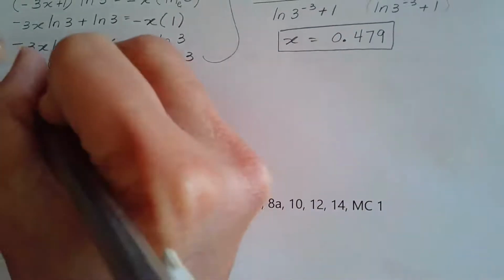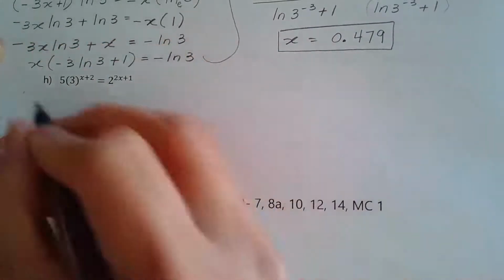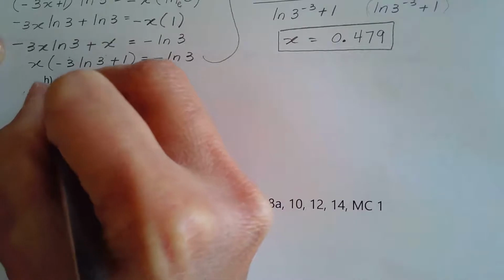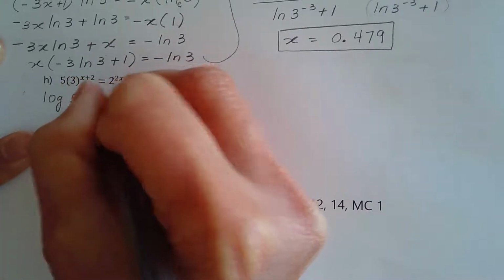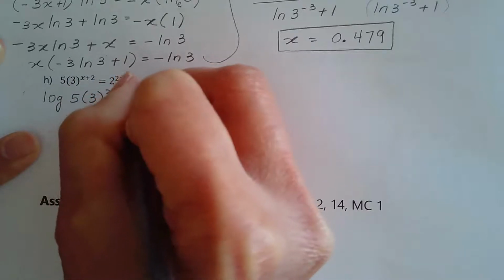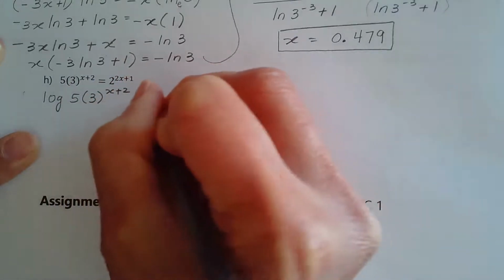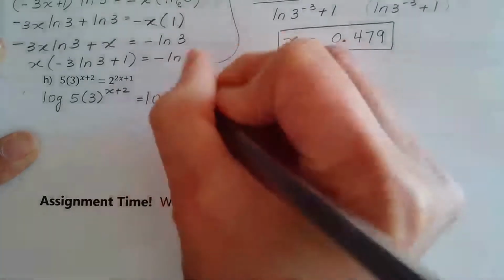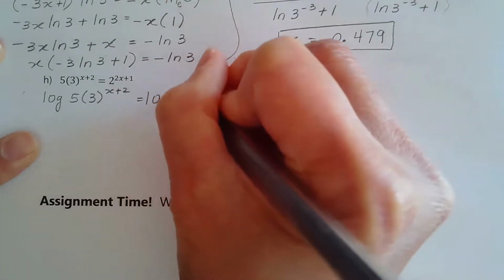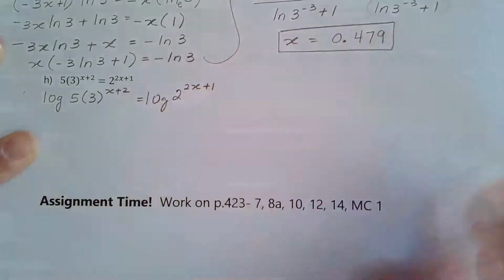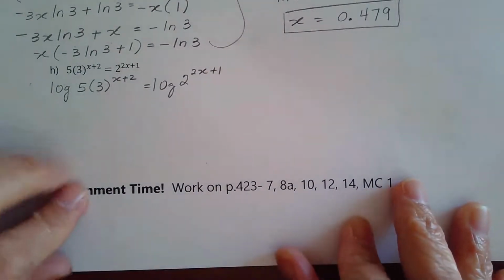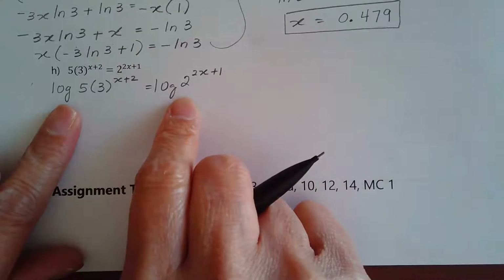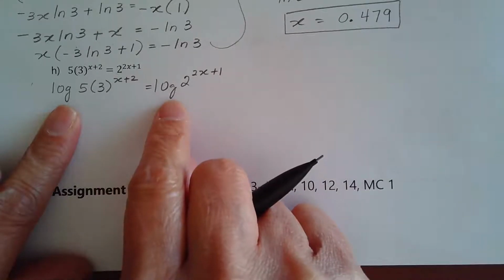So log of 5 times 3 to the exponent x plus 2 equals log of 2 to the exponent 2x plus 1. Now we're changing everything to logarithms.